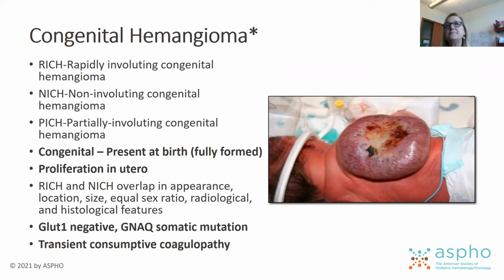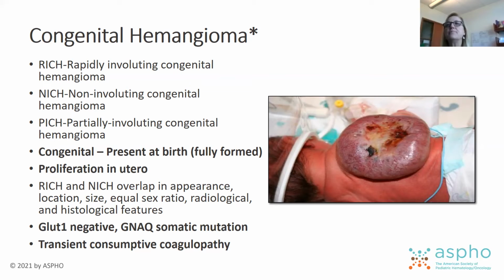There are 3 types. One is the rapidly involuting congenital hemangioma, and most liver lesions are RICH, so I want you to concentrate on RICH. There are non-involuting congenital hemangiomas that usually do not occur in the liver, and then there are partially involuting congenital hemangiomas. As we talked about, these are congenital in nature.